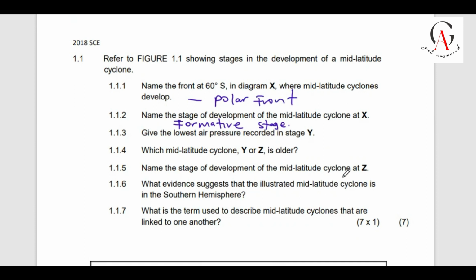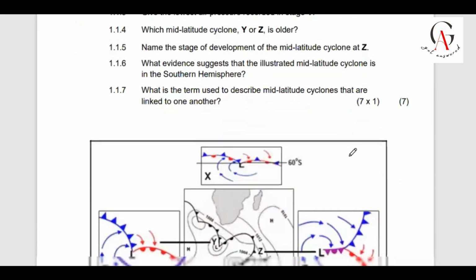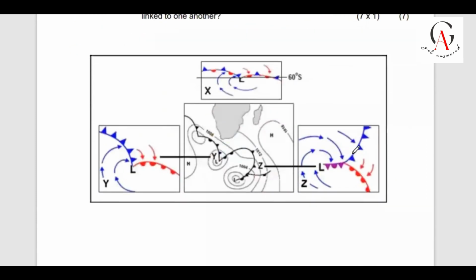Number 3, give the lowest air pressure recorded in stage Y. This is stage Y here. And according to the diagram, stage Y is being shown by this diagram at this particular point.